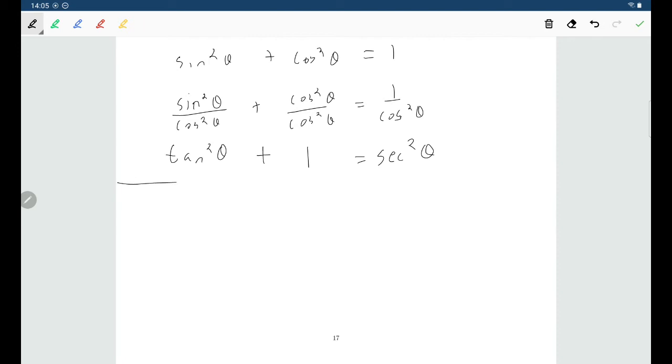And the third identity that we have also flows from sine squared plus cos squared equals 1. Instead of dividing everybody by cosine squared, this time we'll divide everybody by sine squared theta.